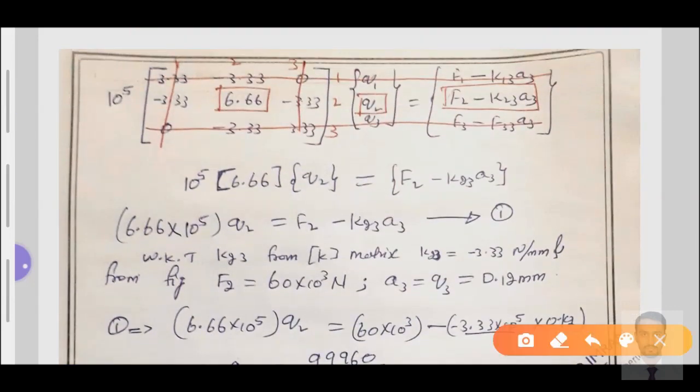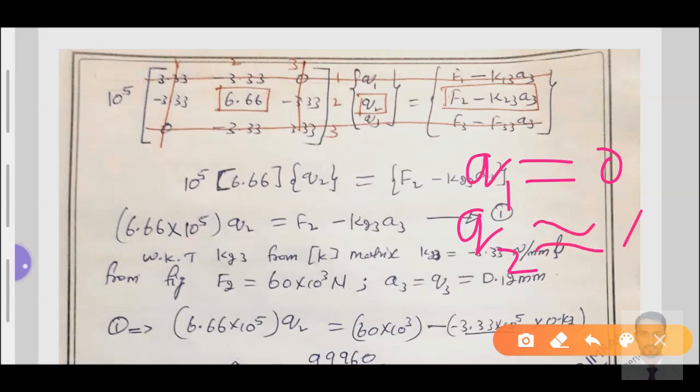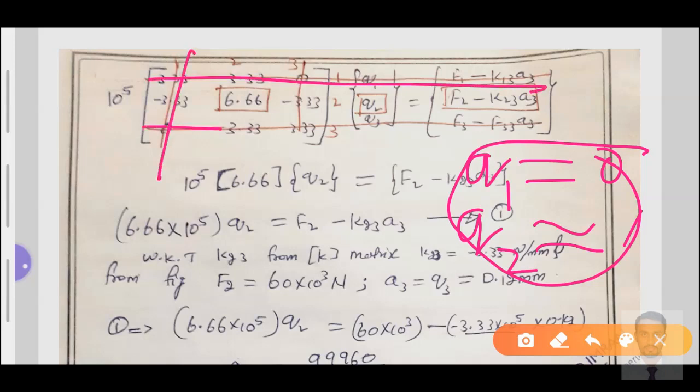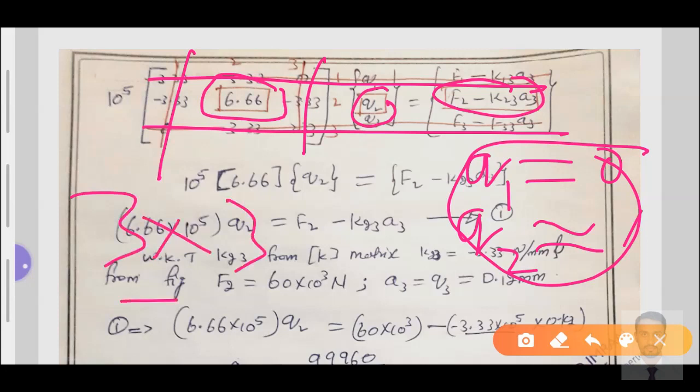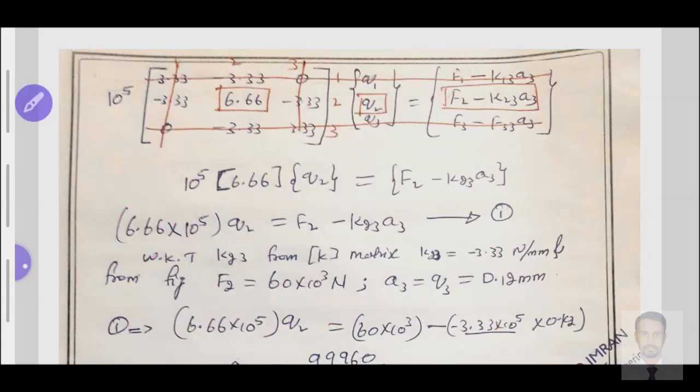In the 3 cross 3 matrix, Q1 is fixed and equals 0. First row first column is eliminated, third row third column is eliminated. You can see this box is not eliminated. The 3 cross 3 matrix becomes a 1 cross 1 matrix after applying the boundary condition.